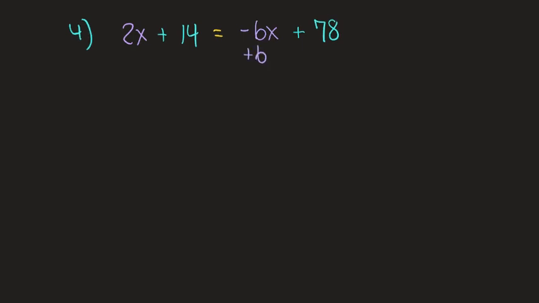You should have done plus 6x, plus 6x. Cross out. What's my answer? 8x. If you did not do that, pause the video, erase, and fix it. Rewrite the question: 8x plus 14 equals 78. Try the next song by yourself.